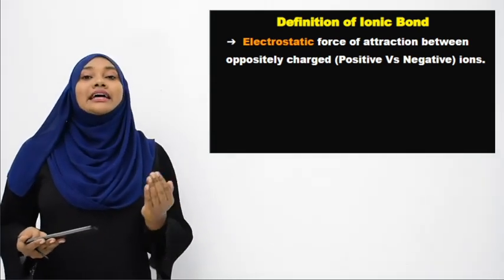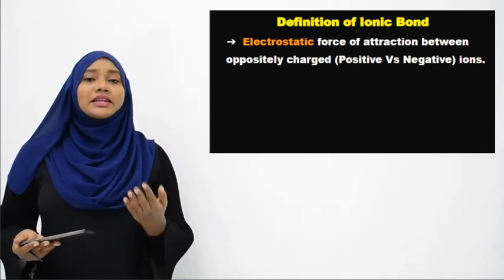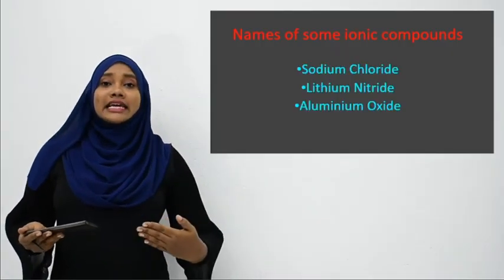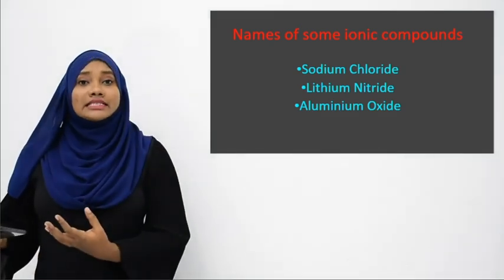Okay? And as examples of ionic compounds, you can combine any element from groups 1, 2 and 3 with elements in 5, 6 and 7 to form ionic compounds. Like sodium chloride, it's an example of an ionic compound. Sodium is a metal, chlorine is a non-metal.